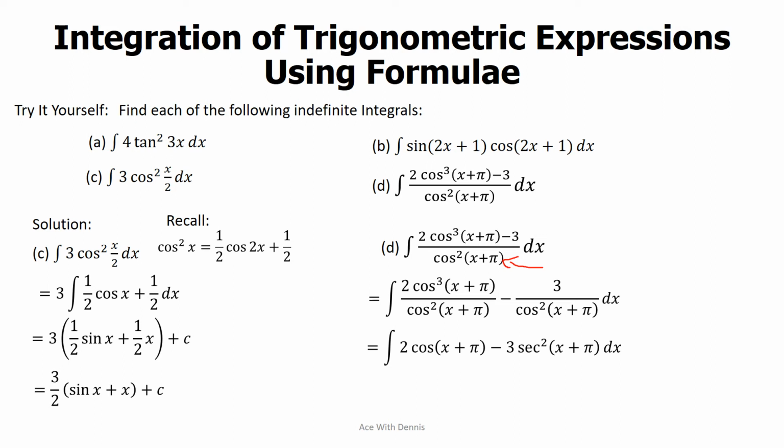So we simplify it, becomes integration of 2 cosine x plus pi minus 3 secant square x plus pi dx. And now we can integrate, which will become 2 sine x plus pi minus 3 tangent x plus pi plus c. So this is the answer for D.